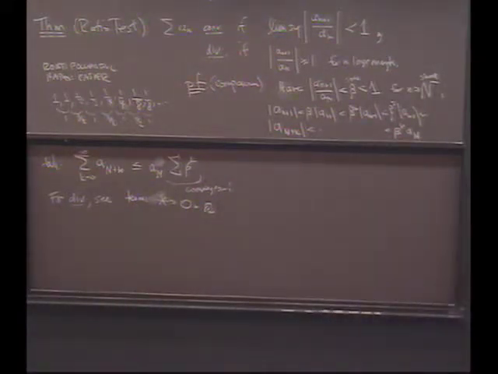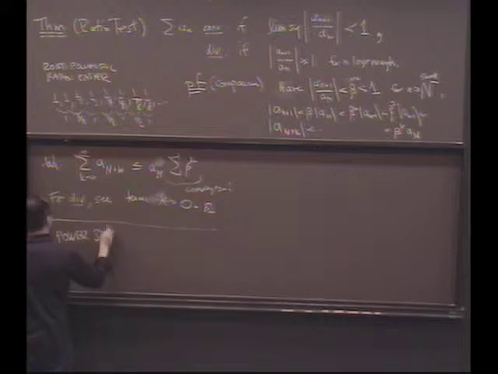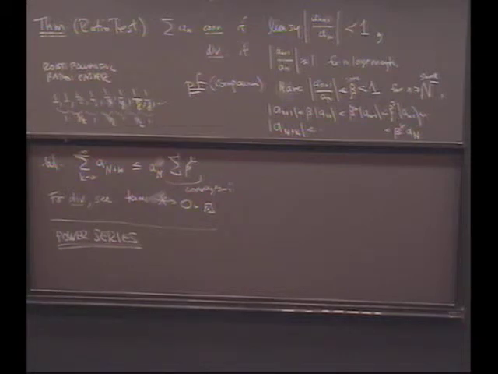All right. So we've developed a lot of tests for series. One of the most important series that you encounter are power series. What is a power series? Well, a series is basically a sum of a bunch of numbers. A power series might involve variables.